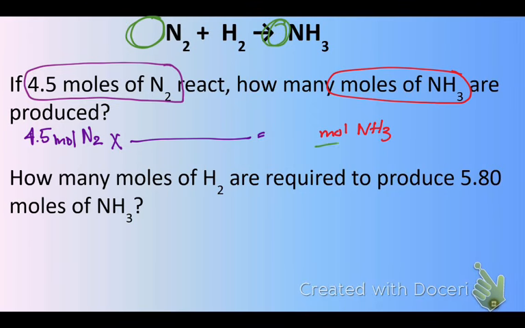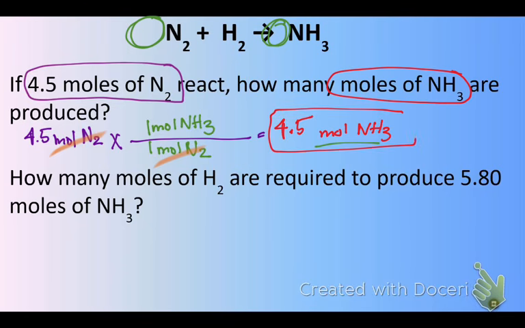The unit I want goes on top, so I'm going to do 1 mole NH3 goes on top, and 1 mole N2 goes on the bottom. I know I set this up correctly because my units and compounds cancel. So 4.5 times 1 divided by 1 is of course going to give us 4.5 moles of NH3.